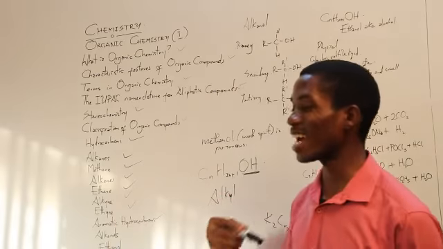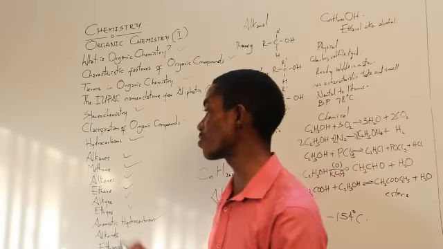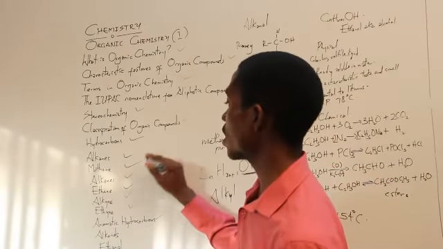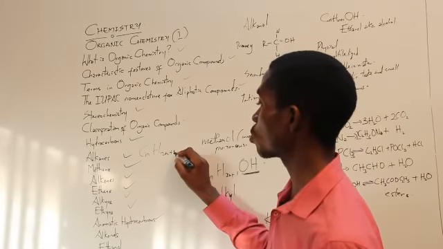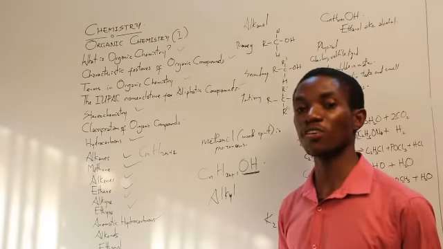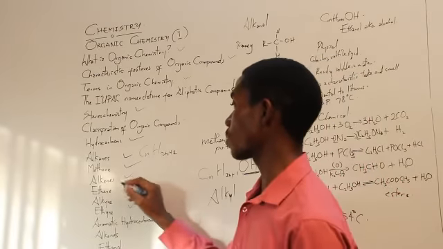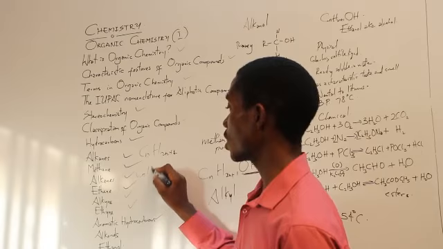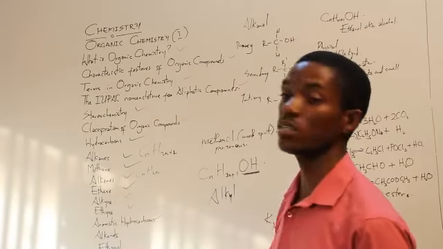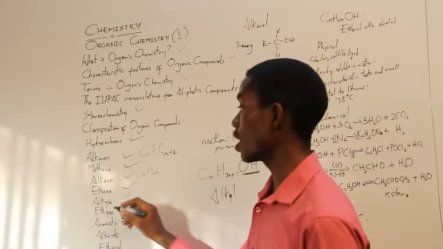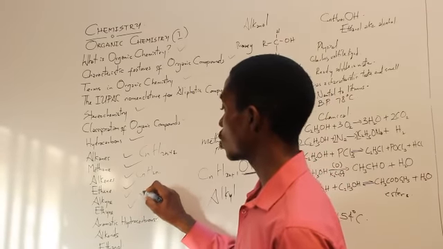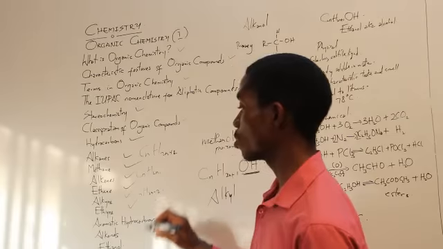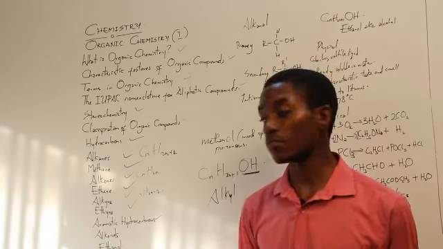We also talked about the alkanes, having the formula CnH2n plus 2, with methane being the first family member. We talked about the alkenes, which have CnH2n, with ethene being the first family member. We talked about alkynes, which have CnH2n minus 2, with ethyne being the first family member.